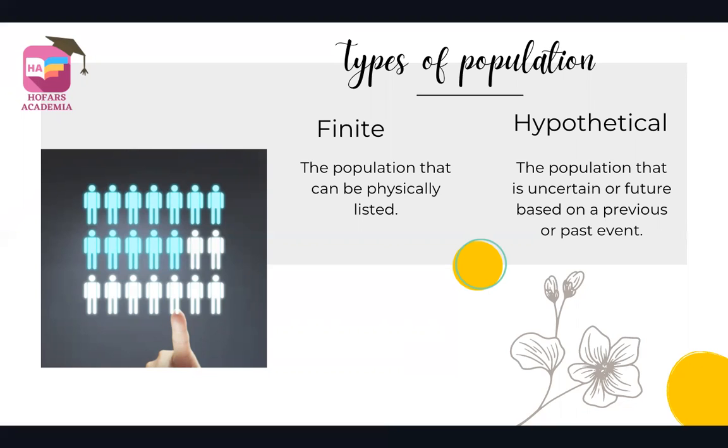So to understand or to predict the sales in the year 2022, we can actually understand it through the past report, that is of year 2020 or 2021. So that will be hypothetical population.